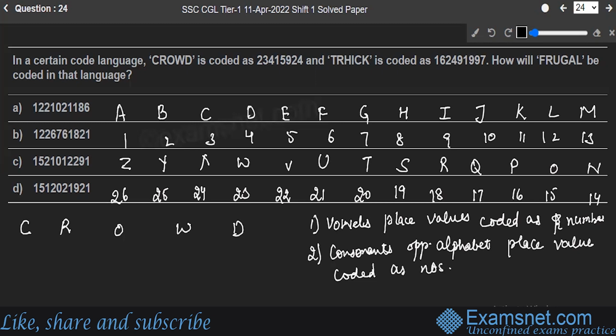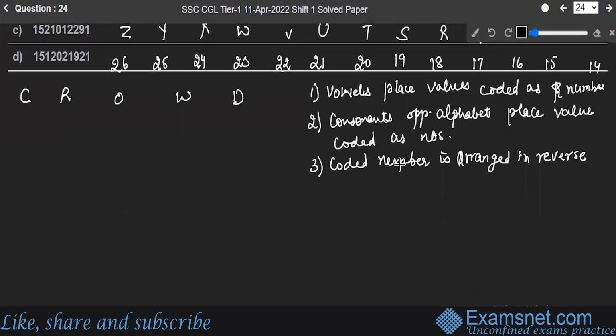And then this coded number is arranged in reverse order, right? So let's see with this one.